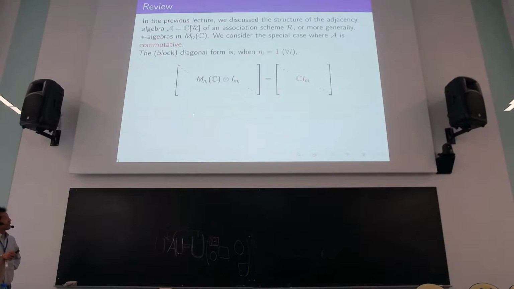That occurs precisely when each of these blocks has size 1. So if this matrix algebra is one-dimensional, you just have a scalar matrix of size m_i on the diagonal. And that is the structure of the commutative adjacency algebra.